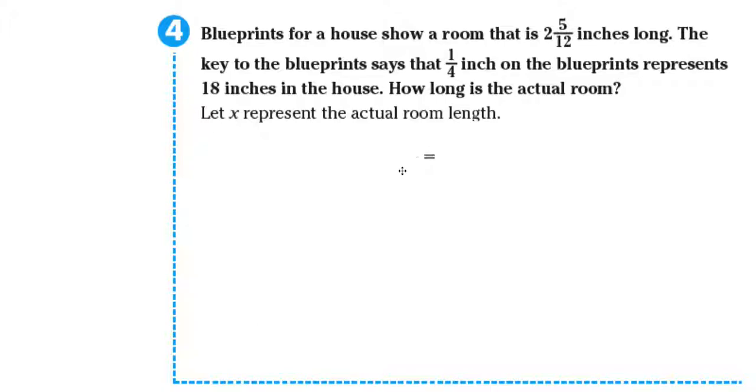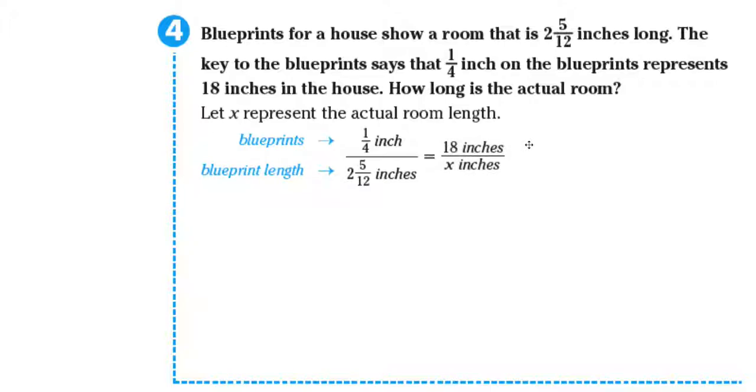Okay? So we start with 1/4 inch all over 2 and 5 over 12. 1/4 inch represents the blueprints, and 2 and 5/12 represents the blueprints length. Okay, and if that's the case here, we need to do the same thing to the other ratio.